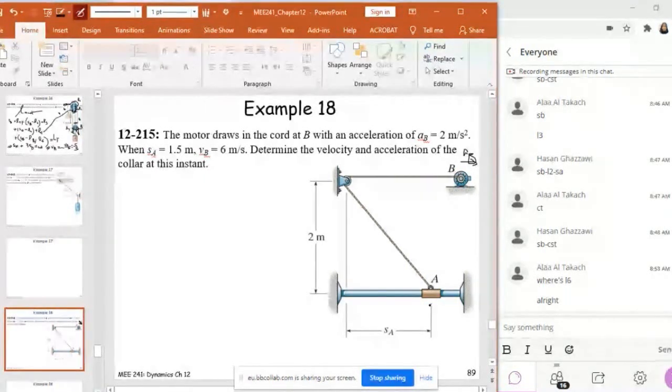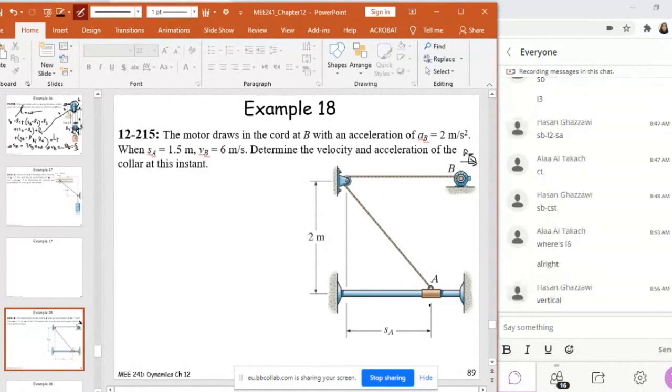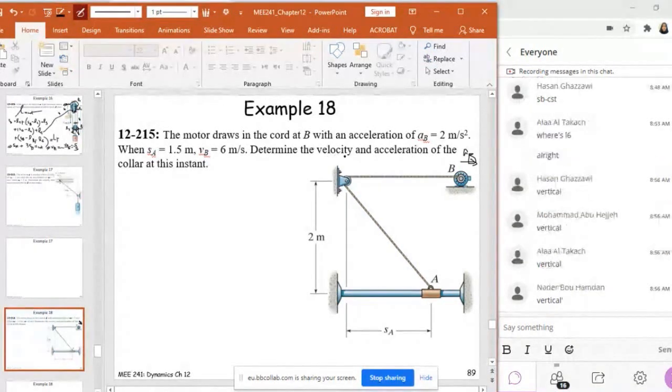All right, so guys, where should my datum be here? Is it a vertical datum or a horizontal datum? What do you think? The datum should be at a fixed plane or at a fixed line, right? So now this datum, yes, it should be vertical. So this is my datum right here.